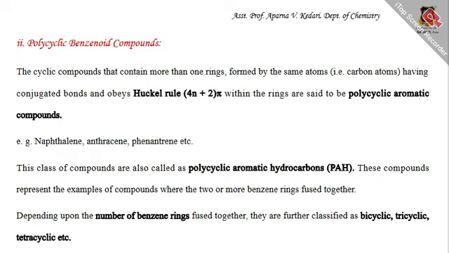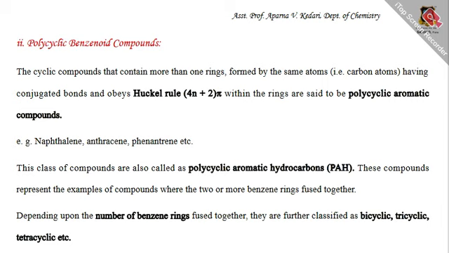Then polycyclic benzenoid compounds are cyclic compounds that contain more than one ring formed by the same atoms, that is carbon atoms, having conjugated double bonds and obeying Huckel rule, 4n plus 2 pi electrons, within the rings. For example, naphthalene, anthracene, phenanthrene.